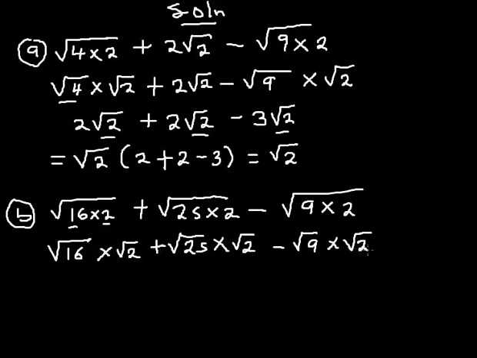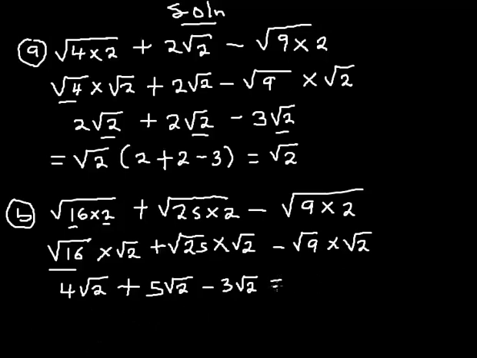Okay, let's do this. The square root of 16 is 4. So this is 4 root 2 plus 5 root 2, then minus 3 root 2. 4 root 2 plus 5 root 2 is 9 root 2. Minus 3 root 2. 9 minus 3 is 6.